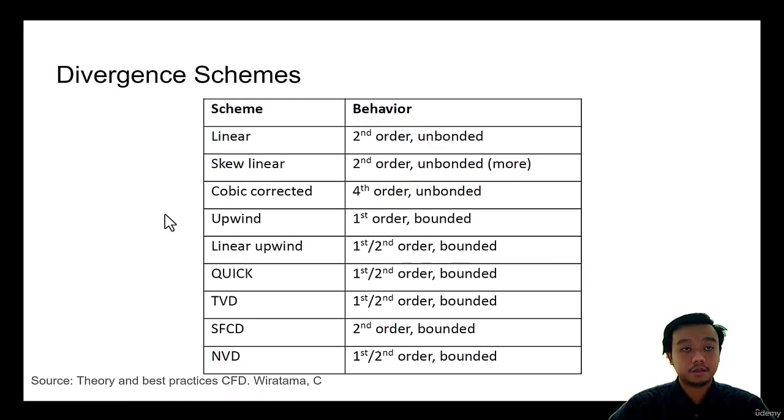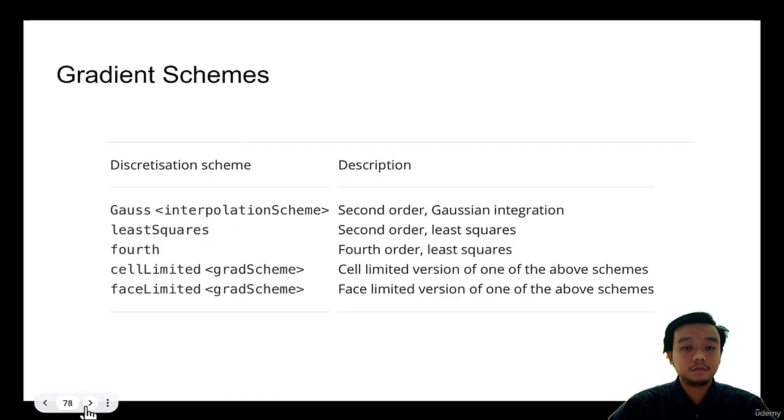As long as your simulation does not diverge, you don't have to worry about this scheme. The gradient scheme has the same principle: different orders and actually different calculation methods, but you will just find one that doesn't error or is compatible.